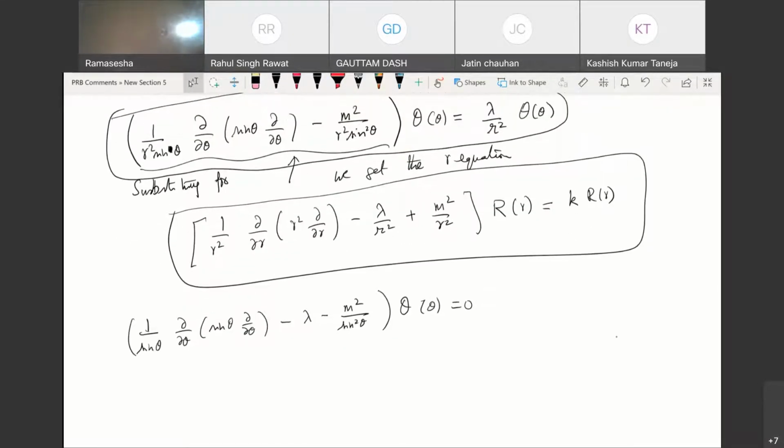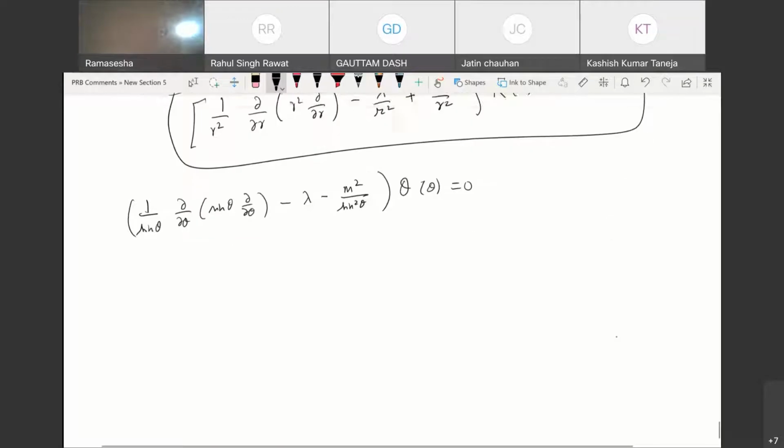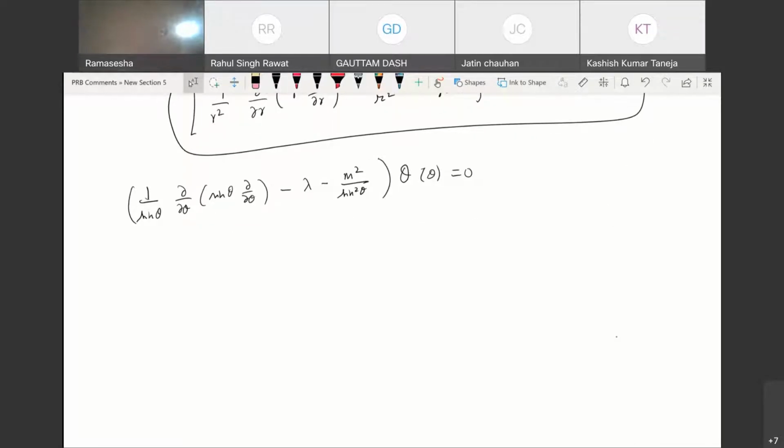So I have taken lambda also. Okay, so if I cancel out the r squared terms, then this is the equation, and this equation.